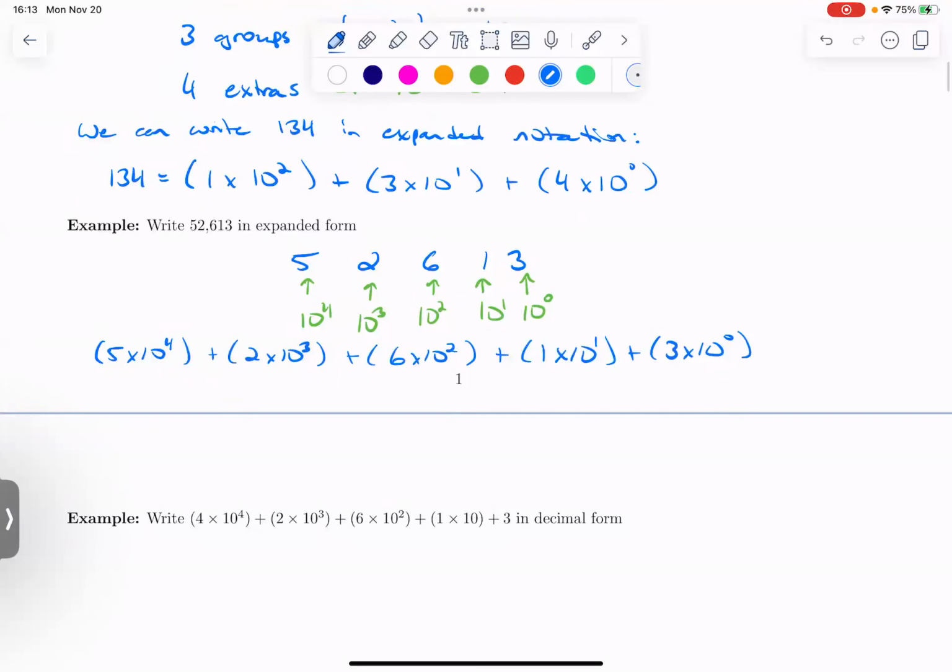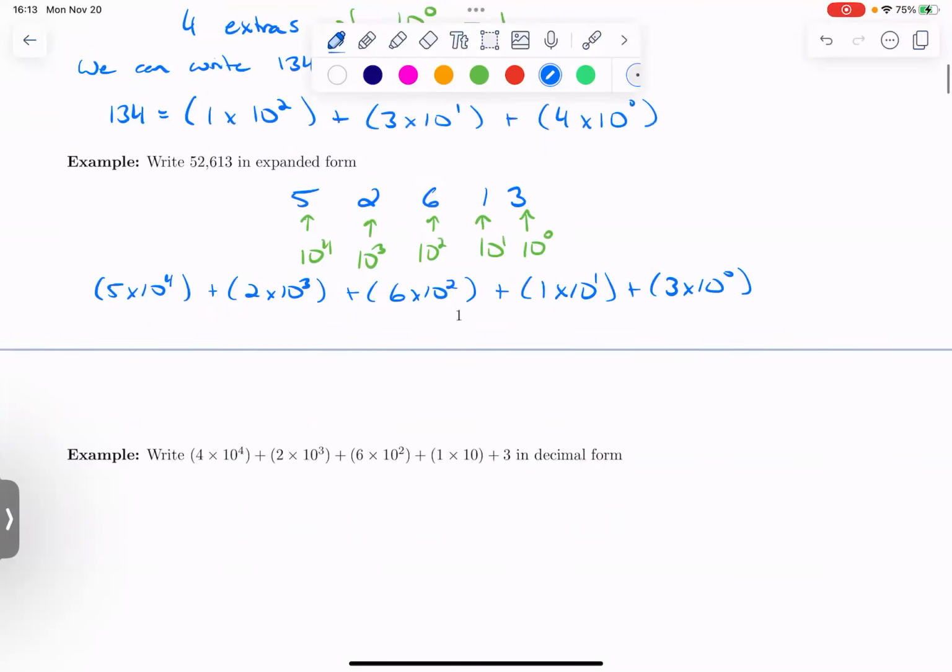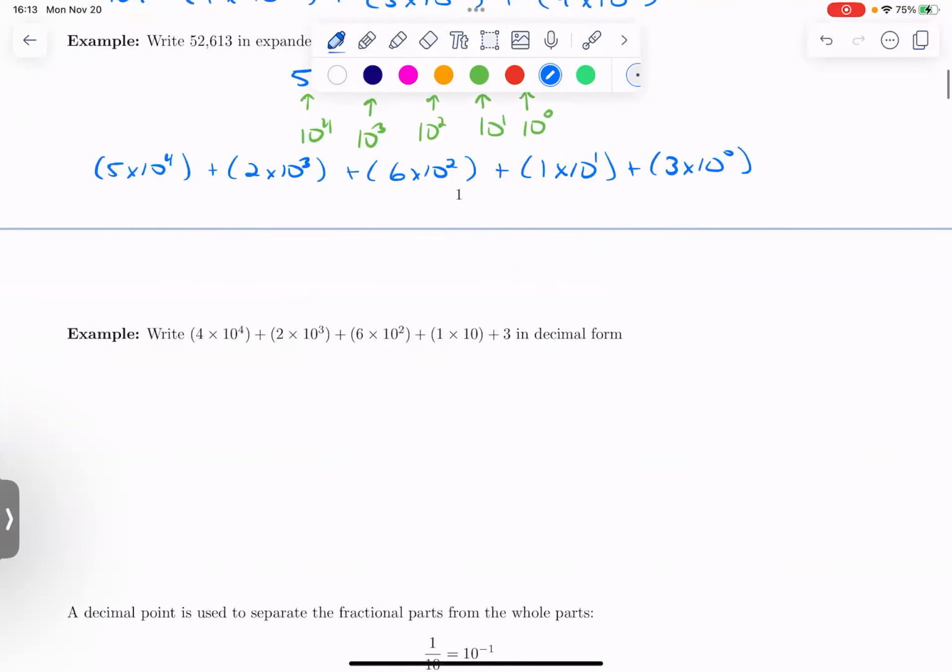Now I made a typo here. We're going to do this one and the one I intended to do because it's more of an example. I don't know how I messed that up, but if we want to write this expanded form in decimal form, making sure that you have all the powers of 10 accounted for.